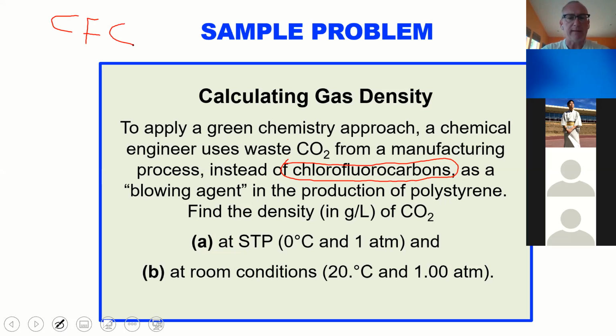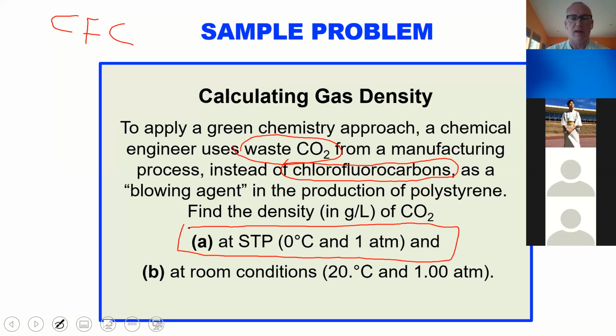So anyway, instead of using that, which depletes the ozone layer, they want to use carbon dioxide. So find the density of carbon dioxide at standard pressure and temperature, and room temperature at 20 degrees.